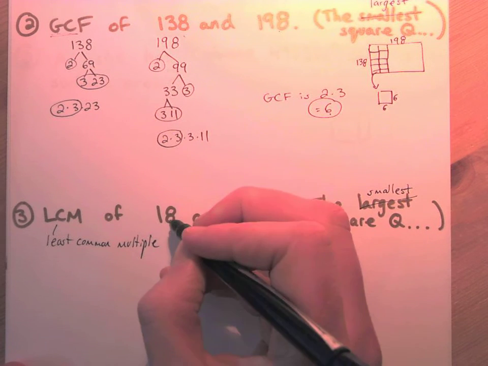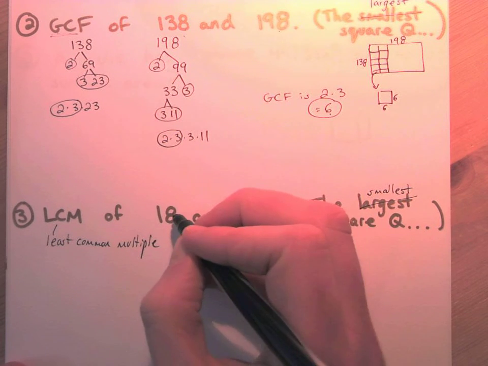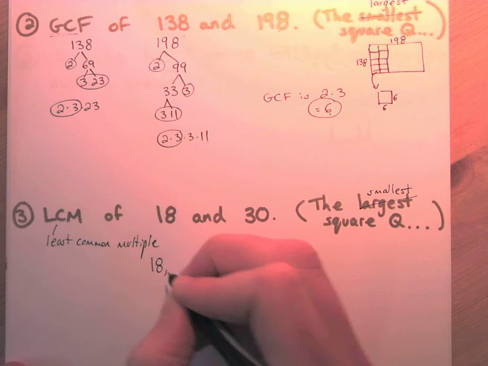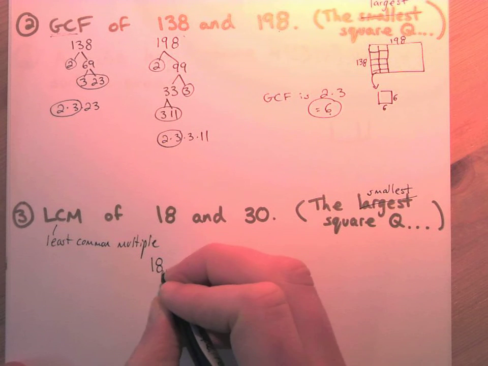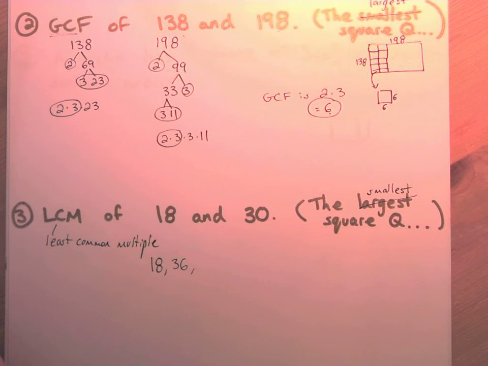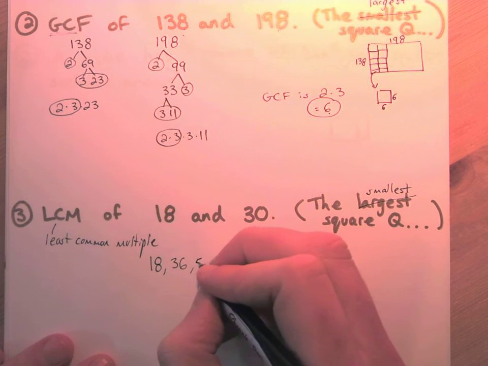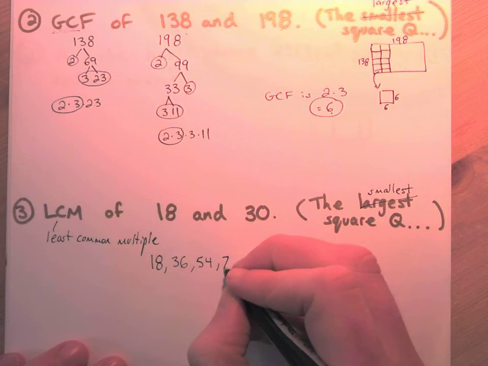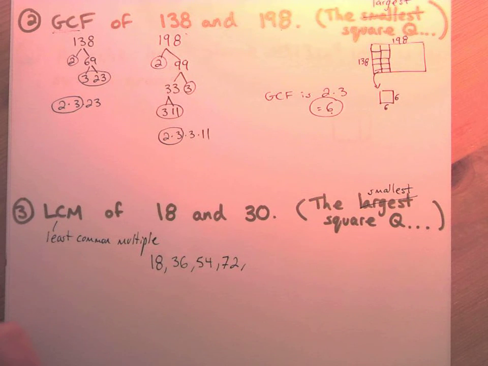So usually how you do this is you take your two numbers and start writing a list of what you get when you multiply them. 18 times 1 is 18, 18 times 2 is 36, 18 times 3, let's take the calculator out, is 54, and I'm going to write a few different versions.